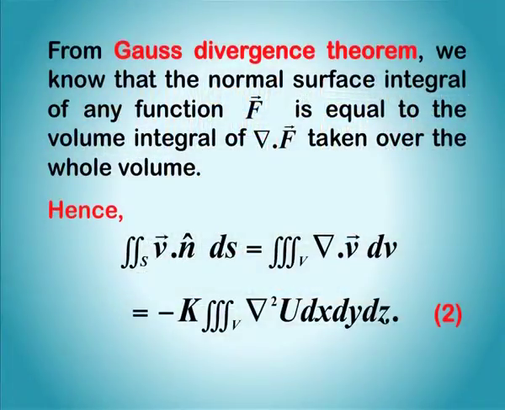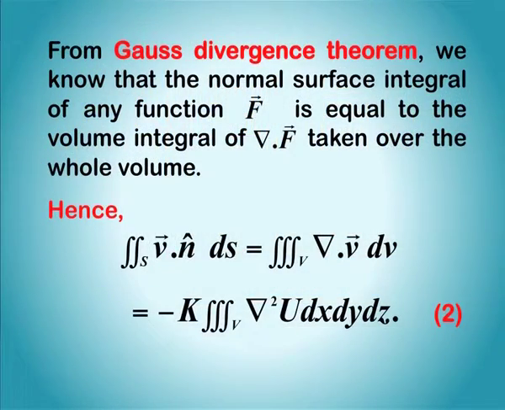So, from the Gauss divergence theorem, we know that the normal surface integral of the vector function f is equal to the volume integral of del dot vector f. Del dot vector f is called the divergence of the vector. If it is only del f, then we call it gradient, and del cross we call curl. If we come across it, we will explain at that particular point of time.